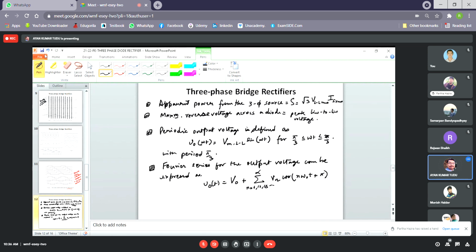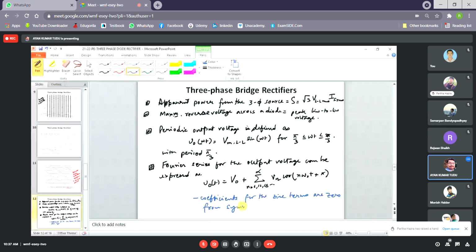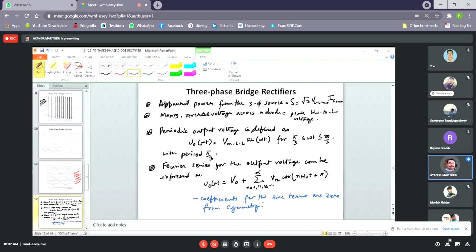If you do the Fourier series for the output voltage, why have we not taken the sine terms? Because the coefficients for the sine terms are zero for symmetry. Correct? We can write it down.